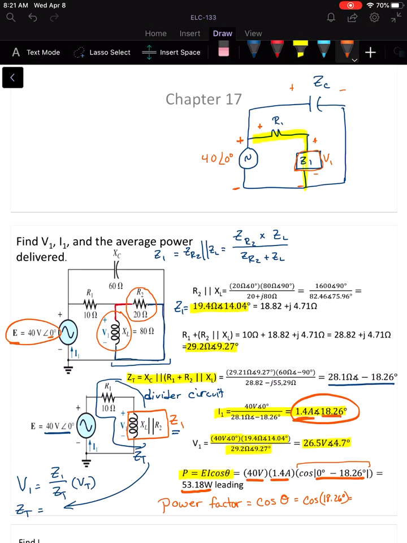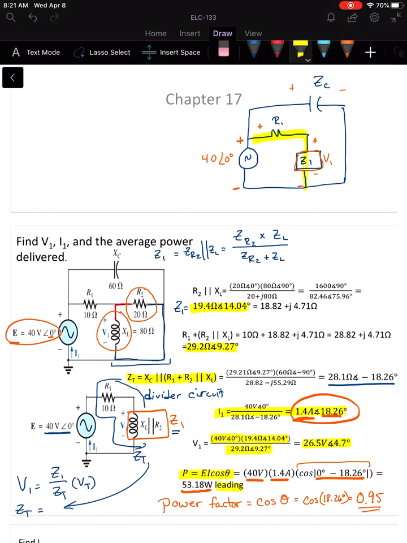Again, I'm leaving off that negative sign. And let me quickly calculate this. So that's about 0.95 for our power factor, and we're told that that's a leading power factor right here.